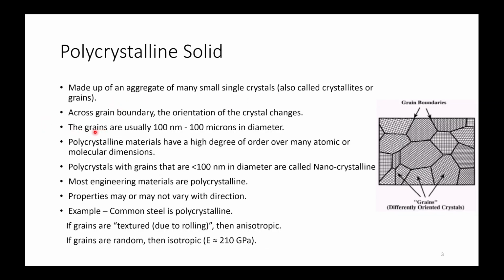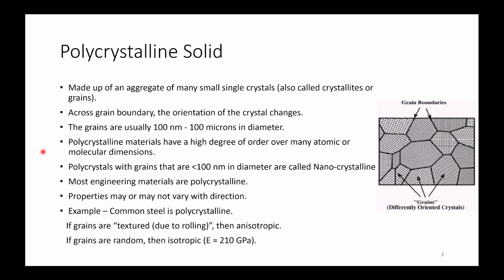The grains are usually 100 nanometer to 100 micron in diameter, and polycrystalline materials have a high degree of order over many atomic or molecular dimensions. Polycrystals with grains less than 100 nanometer in diameter are called nanocrystalline materials.